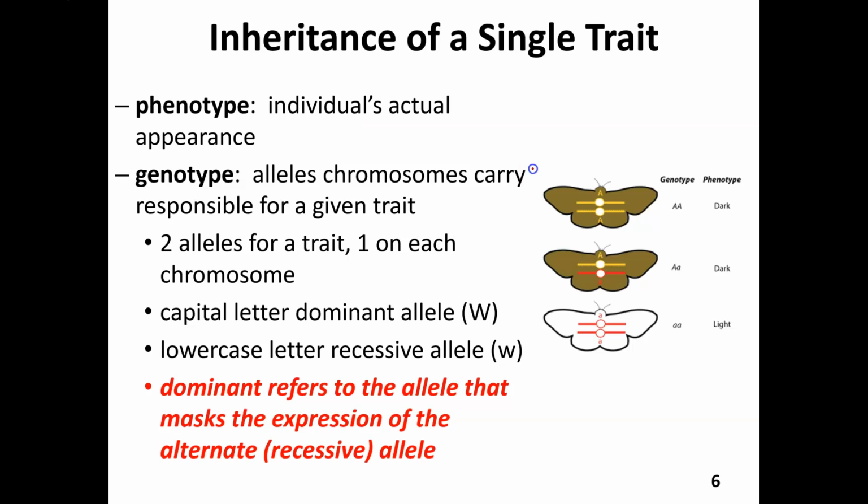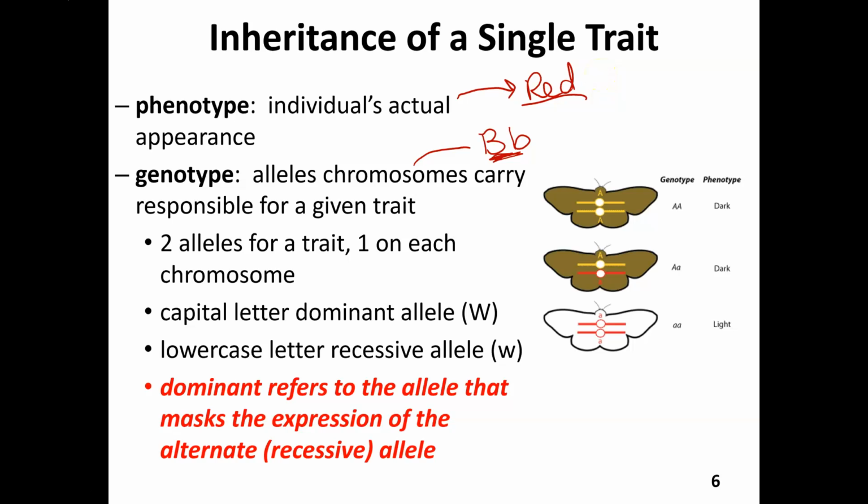You can have a genotype for brown hair, right? You might have a big B and a little b for brown hair, right? So you're showing brown hair because you have that big B. But you might have a phenotype of red hair. So how could that be? Because you color your hair.